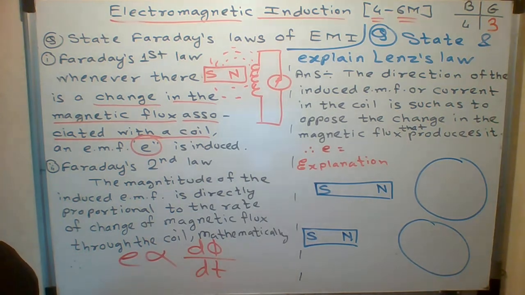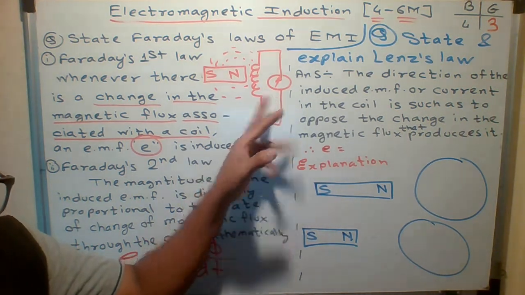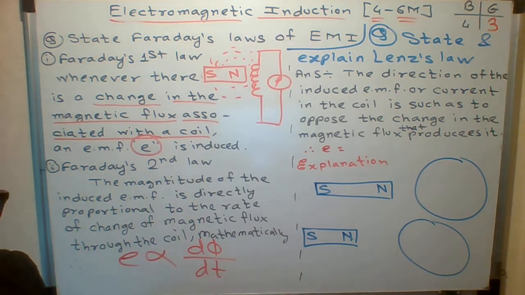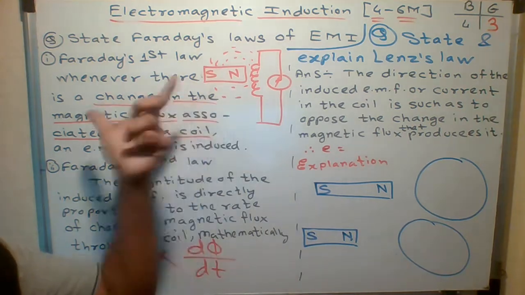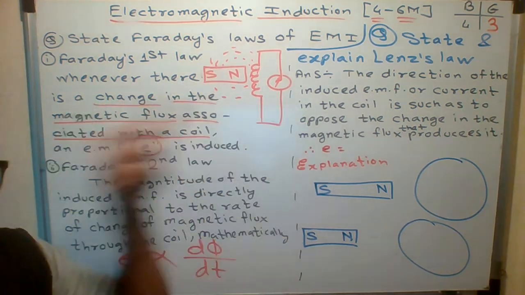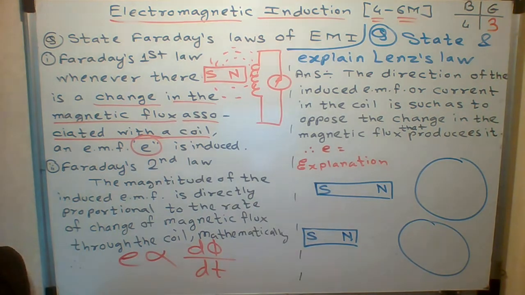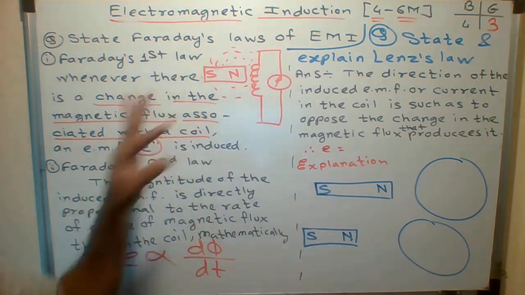The second law states that the EMF induced in the coil is directly proportional to the change in magnetic flux. Meaning, if I move this magnet very fast, maximum EMF is induced. Understood, students? This is a very important first law and second law.